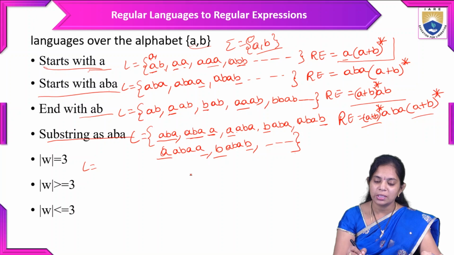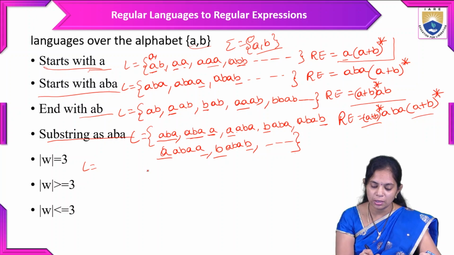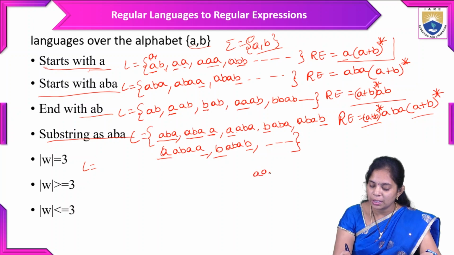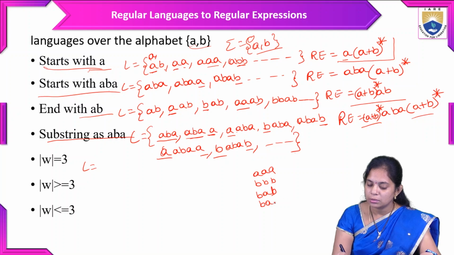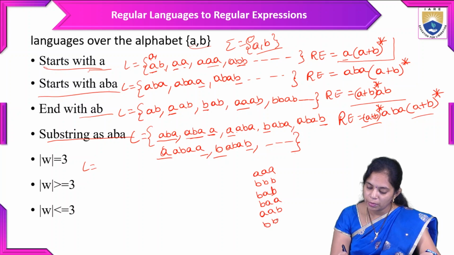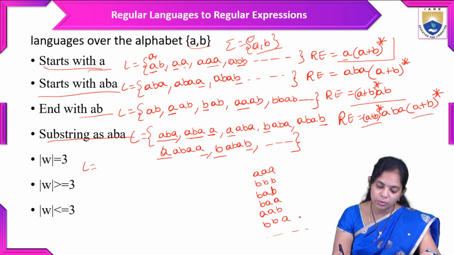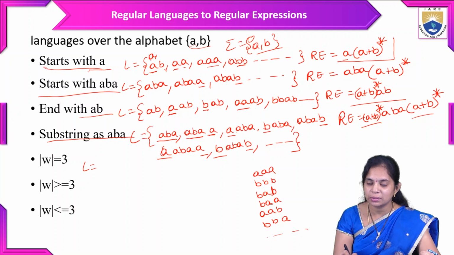And coming to the language W, the word. Here we are not saying any language, so the input alphabet is AB, and the word length is 3. So 3 means AAA or BBB or BAB or BAA, AAB, and so on. These are the possibilities of 3-length strings.